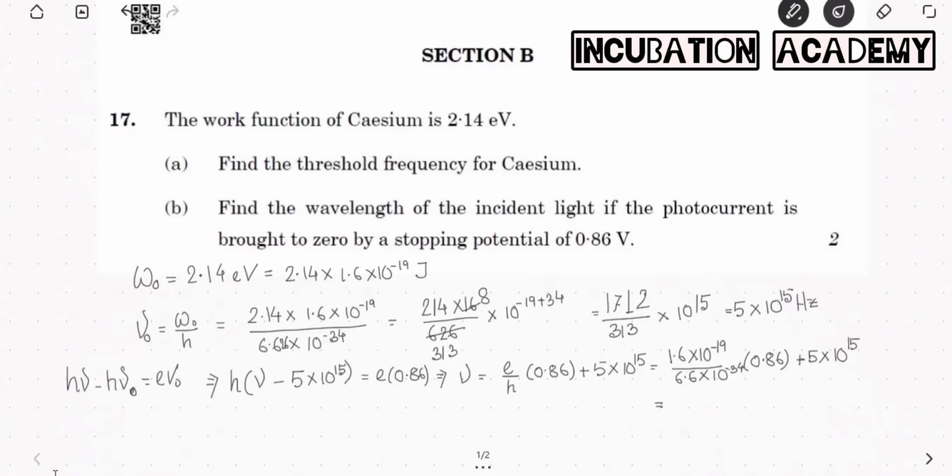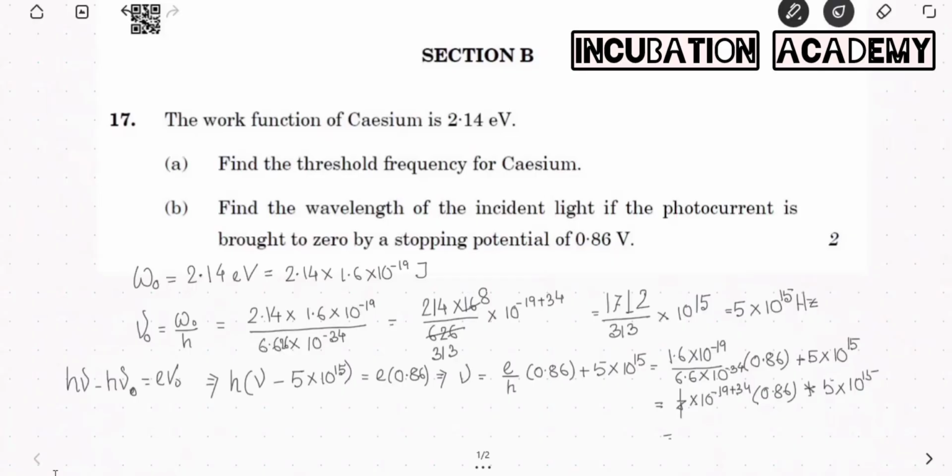So 16 by 6.6 can be written as approximately 0.24 multiplied by 10 to the power minus 19 plus 34, multiplied by 0.86, plus 5 into 10 to the power 15.